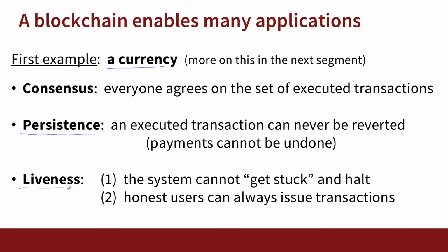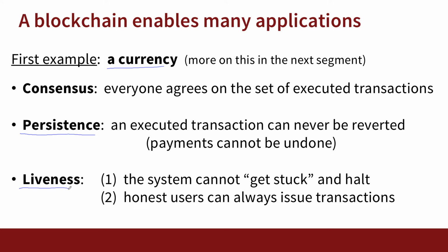And liveness is the third property, which basically means the system cannot get stuck and all of a sudden not accept any more transactions. And moreover, if a user wants to submit a transaction to the system, he will always have the ability to do it. So no one can prevent you from spending the money that you already own.